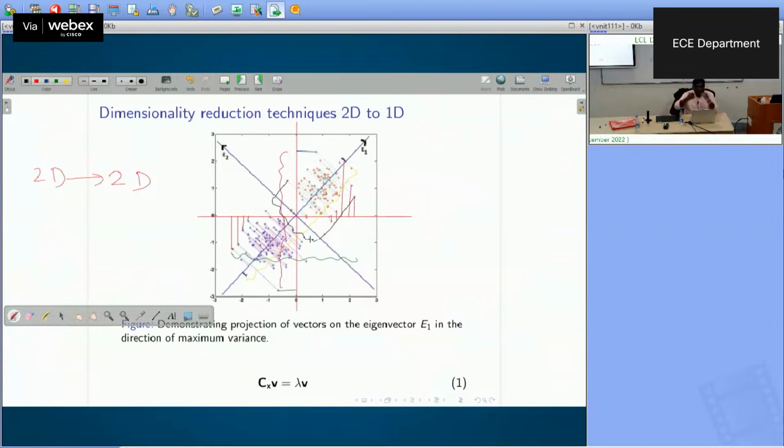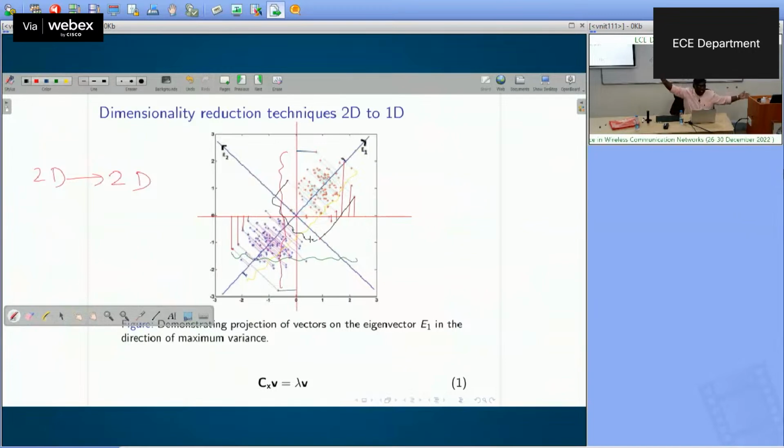What do you say about the range of E2? E2 is getting reduced. This is only the picture I have arbitrarily chosen, but in practice, the range we project on E1 is this much.